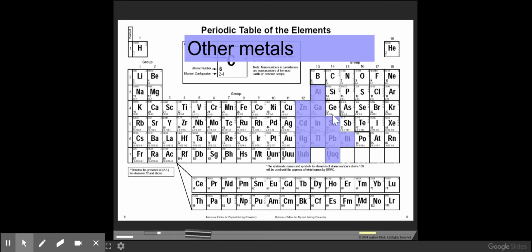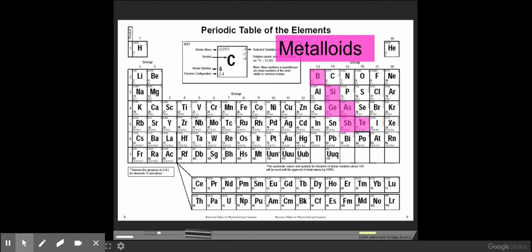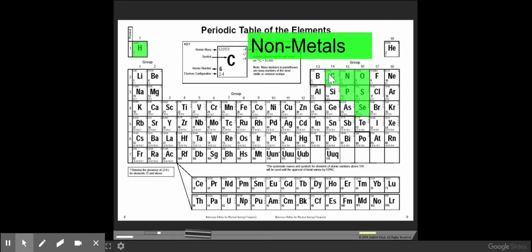Here are your other metals: aluminum, mercury, cadmium, bismuth. The metalloids are the elements that are touching the staircase right here. Your nonmetals are right after the staircase.